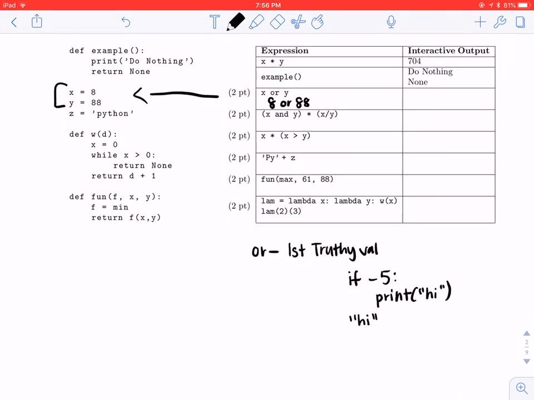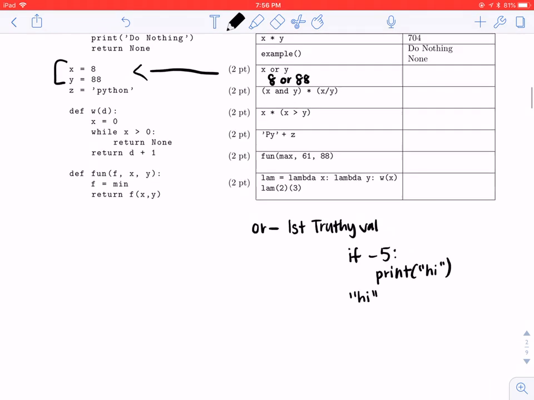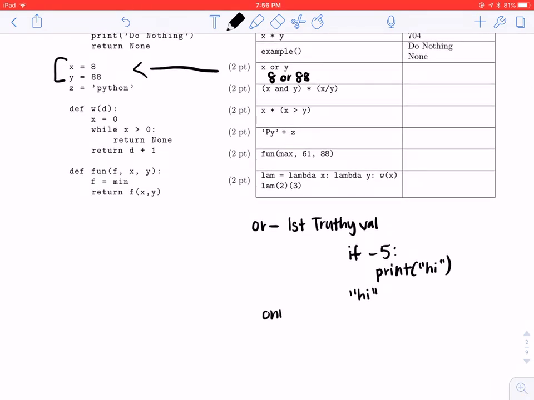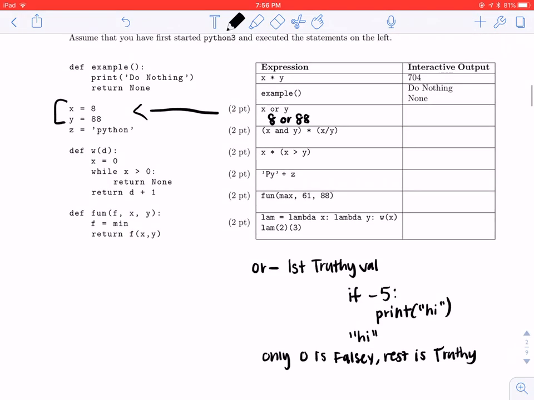And that's the same for 8. Only 0 is falsy. The rest is truthy. Okay, knowing that 8 is pretty much true, it returns 8.